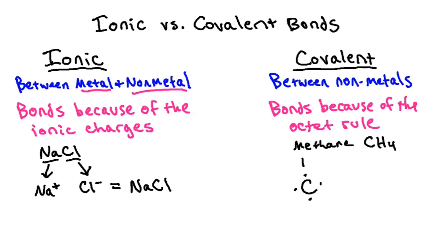So it will easily bond to hydrogen, which has 1 electron. They help each other out, and the hydrogens allow the carbon to be surrounded by 8 total electrons instead of just the 4 that the carbon comes with. So this is going to be an example of covalent bonding.